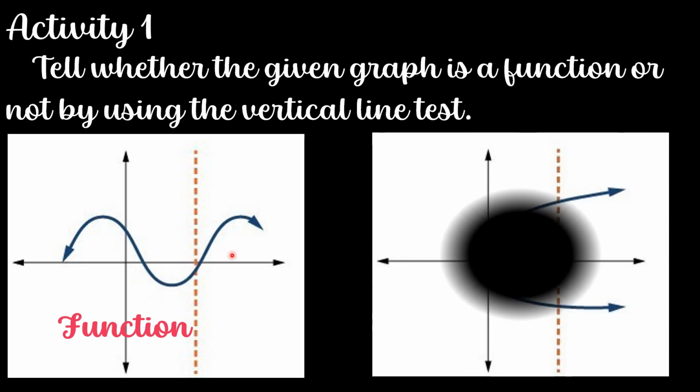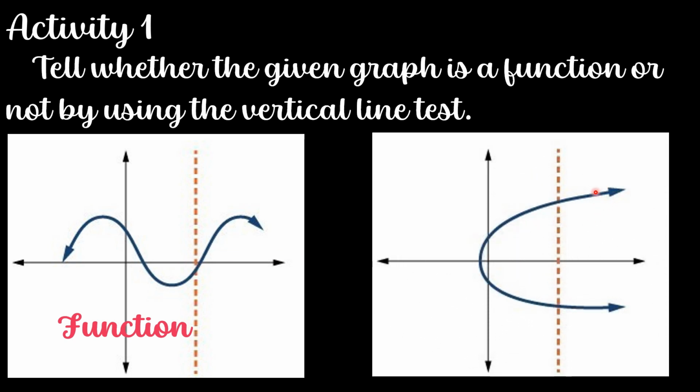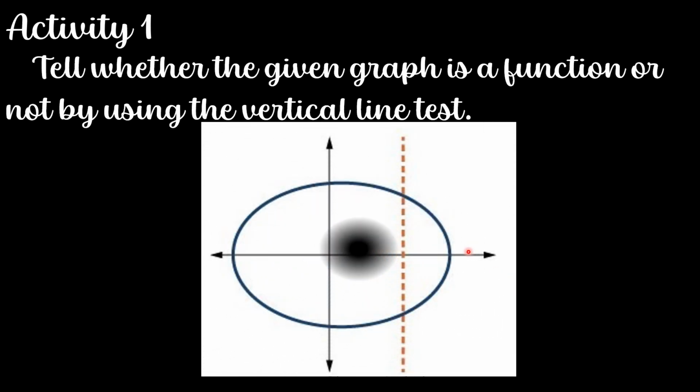Okay, now let's have another example. This graph. Our graph is again the one in blue line. And this is our vertical line. And our vertical line hits our graph into naigo niyag kaduha. So this is not a function. Another example, we have here another graph.